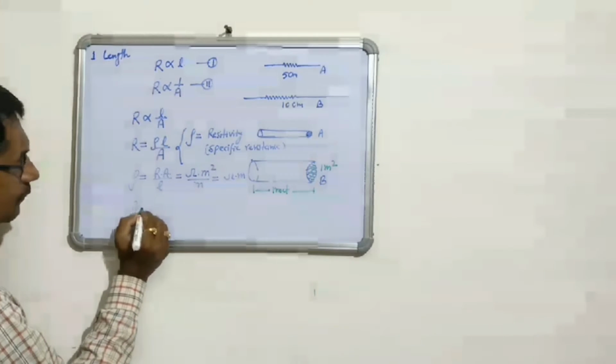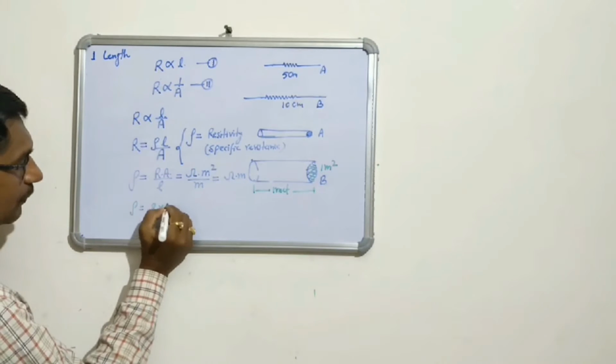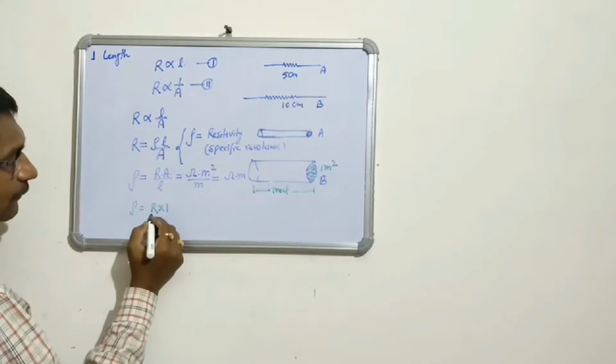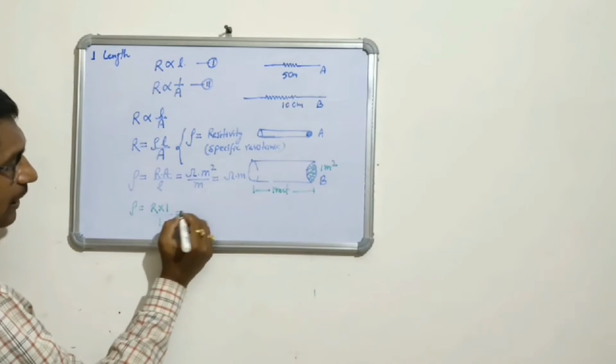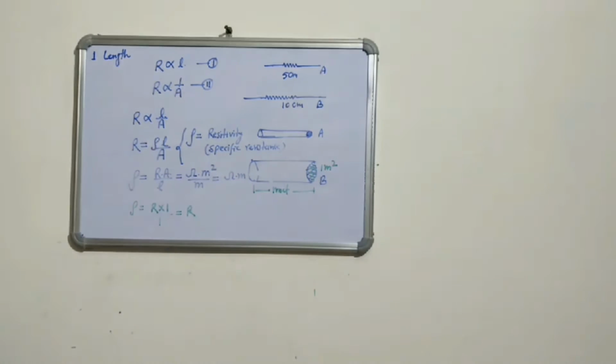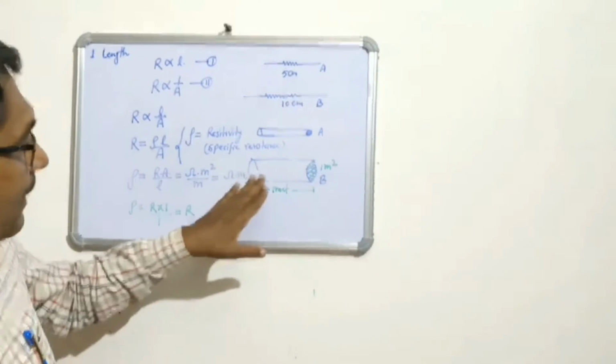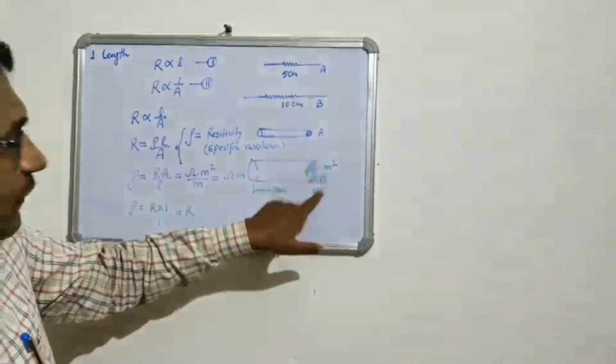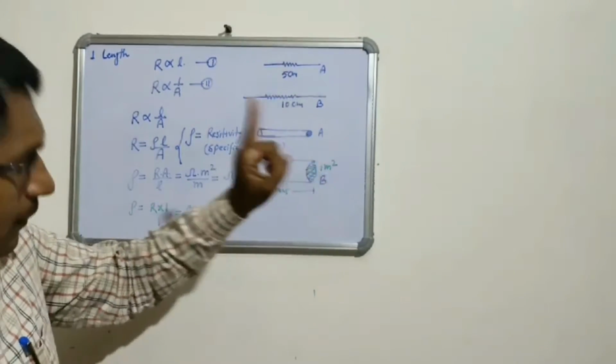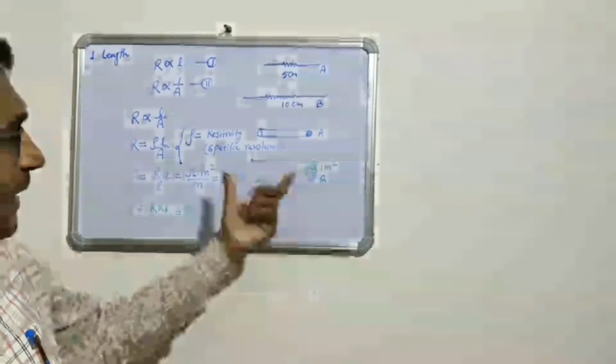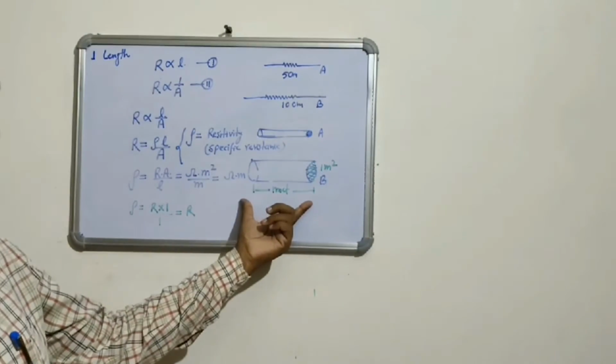Rho is equal to R into A, which is 1 meter square, upon length, which is 1. So rho is R. It means the resistance provided by the wire which has cross section area of unity, 1 meter square, and length 1 meter.